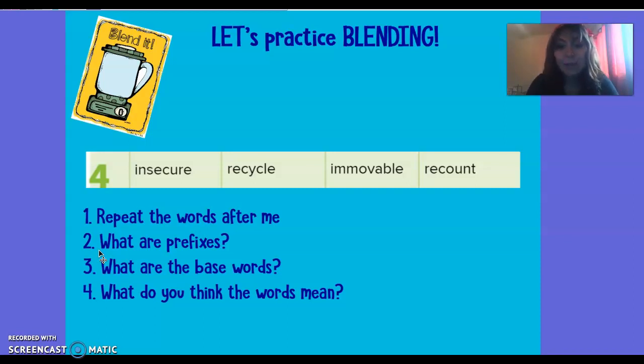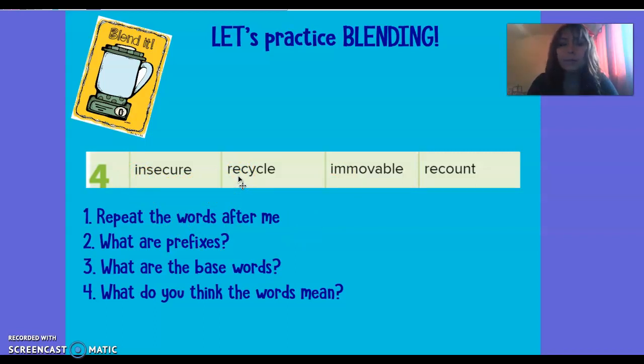Yes, we have 3 different prefixes in line 4. We have the prefix in, re, and im. Now, I know that im and in have the same meaning, and re means something else.